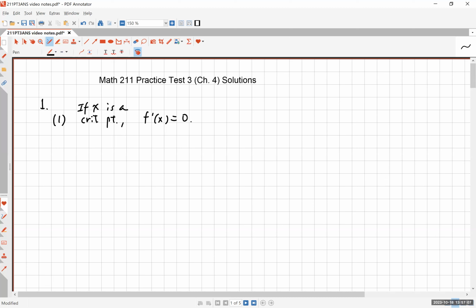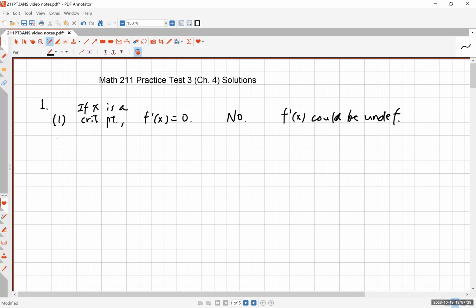All right, is that true? The answer, it's false, okay? Why is that? By definition, a critical point has to be a point where the derivative is 0, or it could be undefined, right? So that's why this is false.